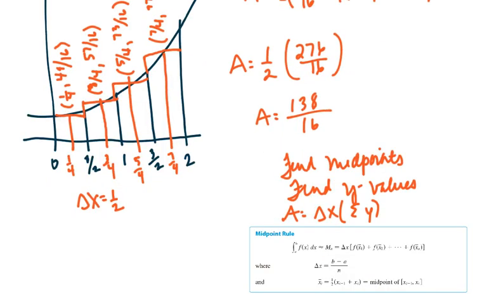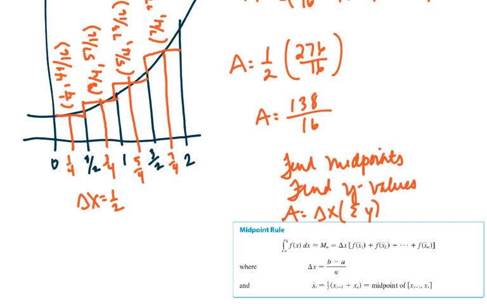So if we go back to the midpoint rule, it looks like this. The midpoint rule is one of the 3 methods you have to be able to do in this lesson. Let's look at the next one.